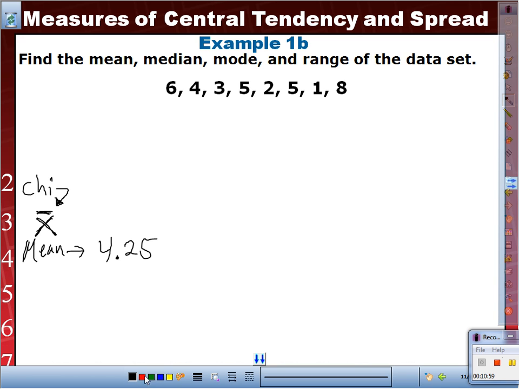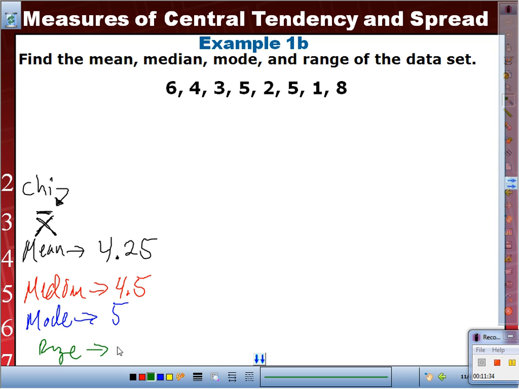Let's go to median. What'd you get for the median, Jordan? 4.5. Hands if you got that. That is correct. Mode. Megan. 5. And range.